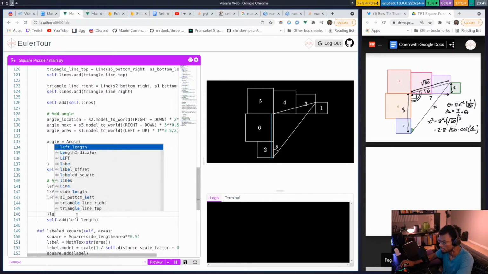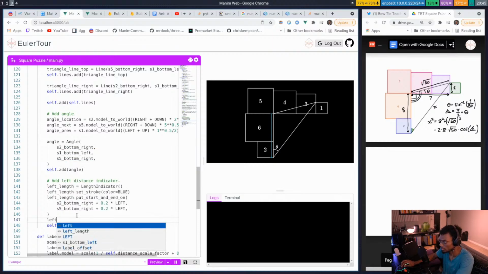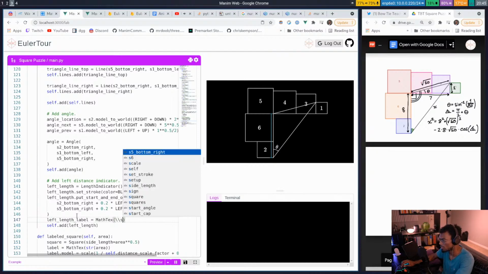So left length label. Square root 6. Hope that's how you do that, because I actually think it's not. Shouldn't this be like this?